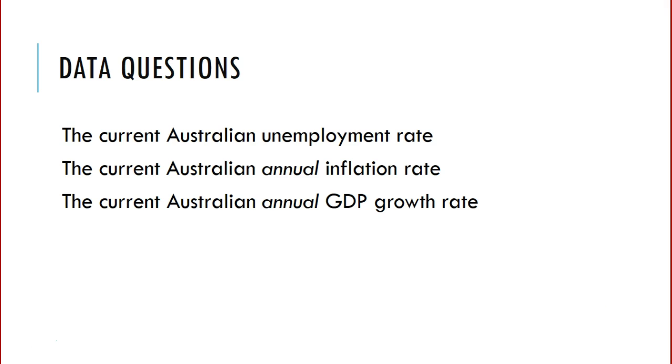So in answer to these questions, you will be putting in the best estimate you can find. And what it should be is the unemployment rate should be around about 5%. The inflation rate should be around about 2%. And the growth rate should be around about 3%.